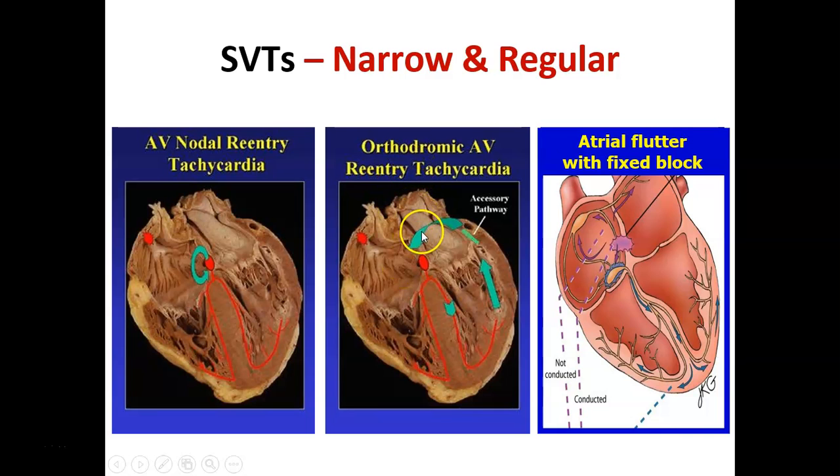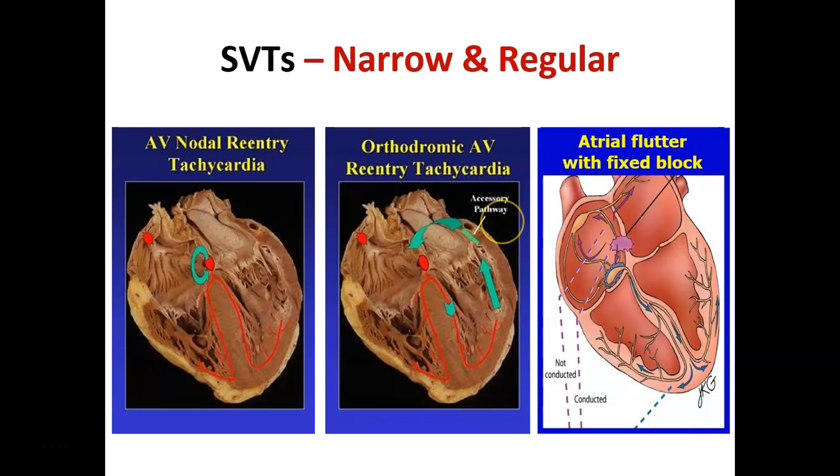Here, the impulse originates from the atria, then goes through the AV node and normal conduction system, causes the excitation of the ventricles, then comes back and finds an accessory pathway, and then it makes a loop and re-enters the atria again, and from the atria to the ventricles again. So re-entrant phenomena. This is called orthodromic atrioventricular re-entrant mechanism.